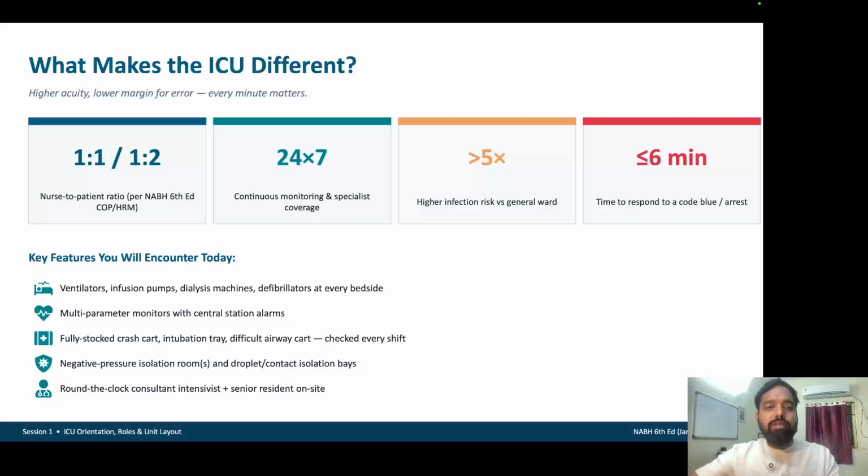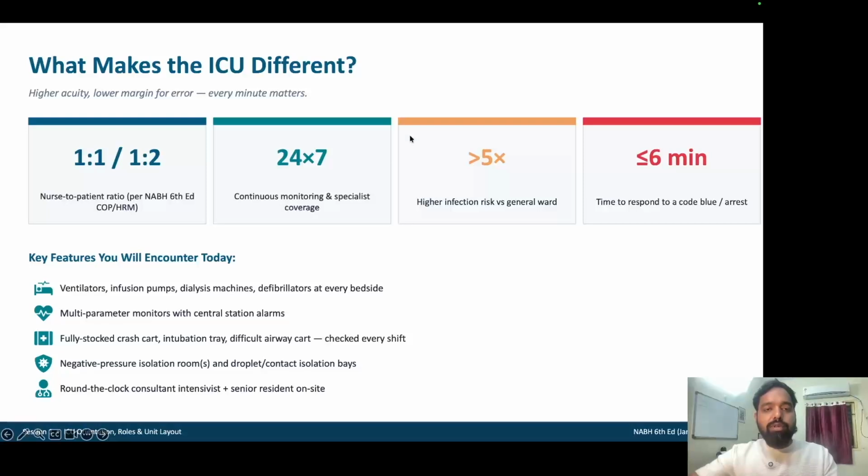What makes an ICU different? Here in the ICU, we deal with patients on a minute to minute and hour to hour basis. Based on the fresh reports or findings coming up, the treatment plan will change accordingly, with minute to minute, hour to hour importance to the patient's clinical scenario. To maintain that, the nurse to patient ratio should be maintained at 1:1 or 1:2 based on the patient severity index, which will be covered in this lecture.